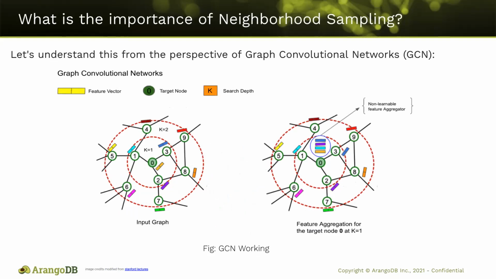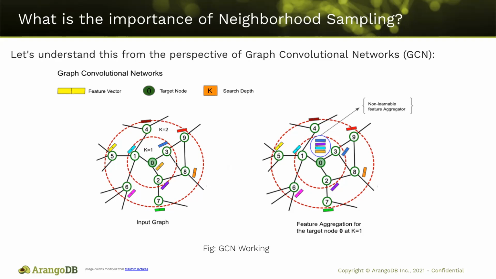To understand the importance of neighborhood sampling, we will take the perspective of the graph convolutional network. So GCN is an algorithm which can leverage both the graph topological information, that is a node's neighborhood, and node features, and then distill this information in order to generate node representations, or dense vector embeddings.